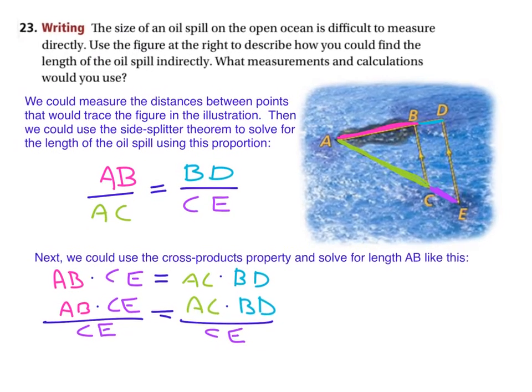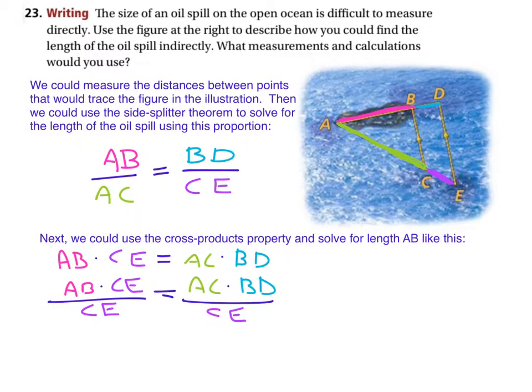And we could then be left with AB is equal to what we see there on the right, AC times BD, all divided by CE.